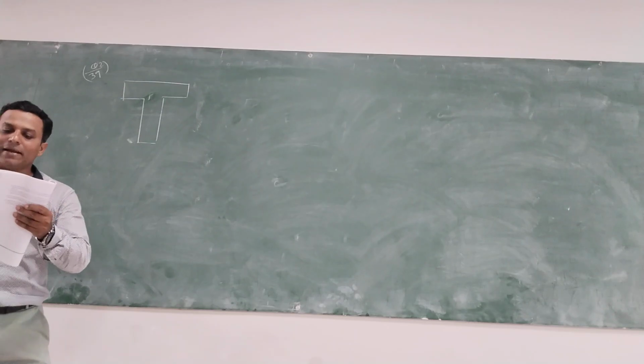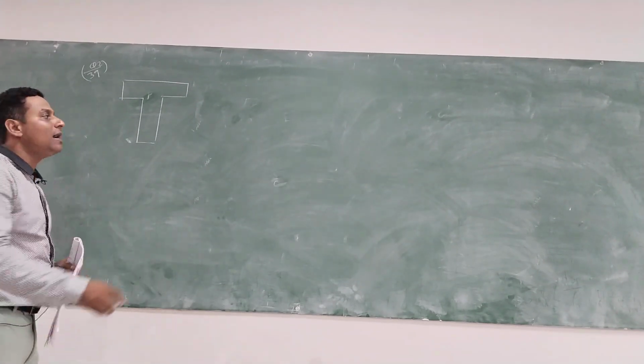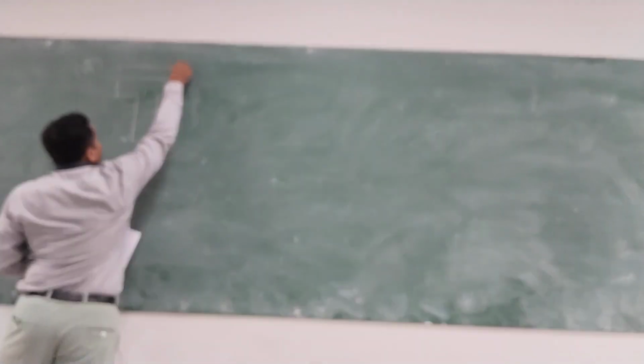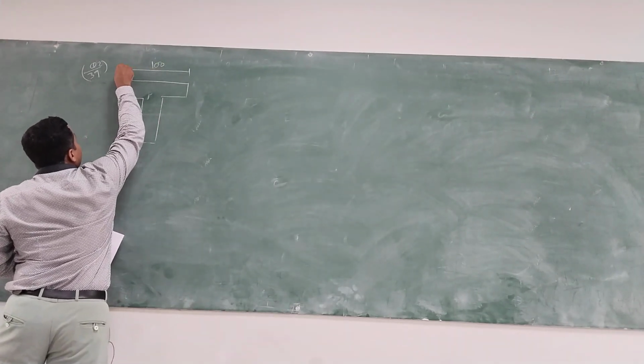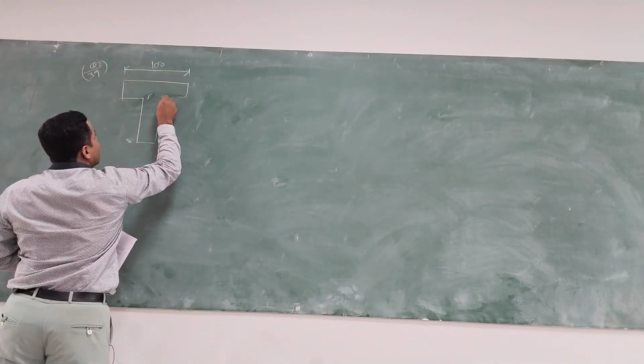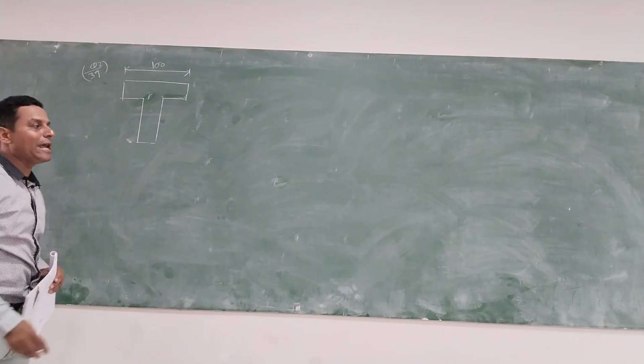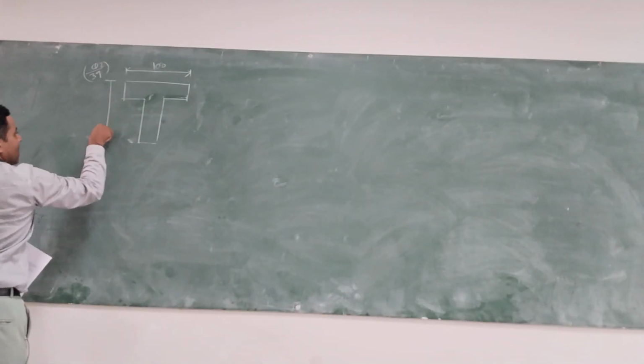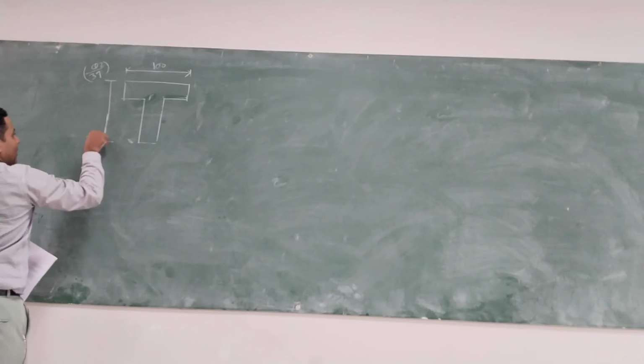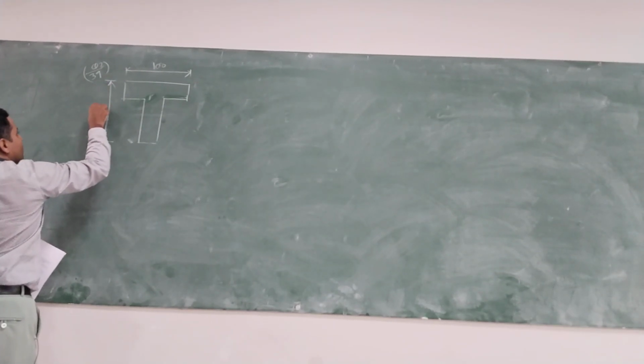The dimensions are: the flange width is 100, overall depth is 80.